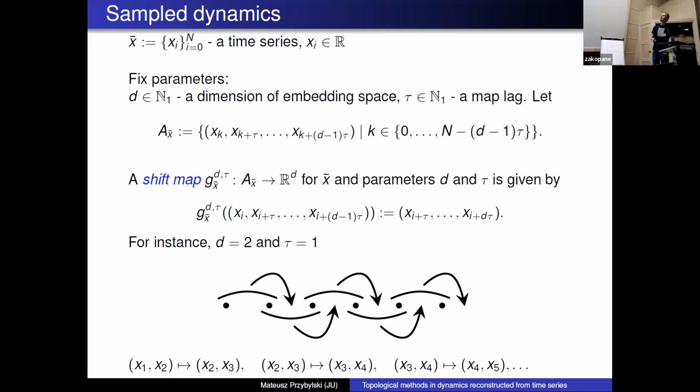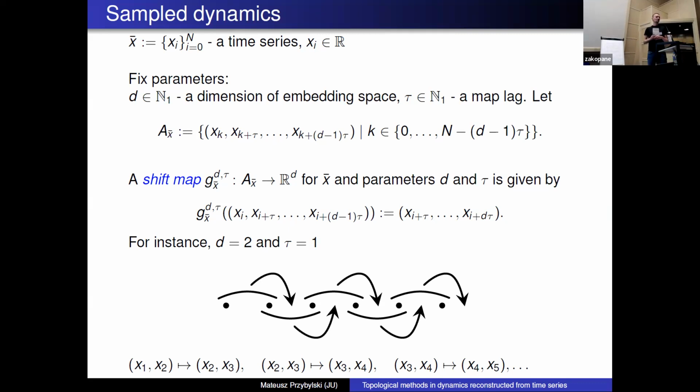So I guess that all of you know everything about this method. I just recall quickly. We start with the time series, the sequence of real numbers, and we need to fix a set of parameters. The first parameter is the dimension of the embedding space. Fixing a set of parameters is another project.